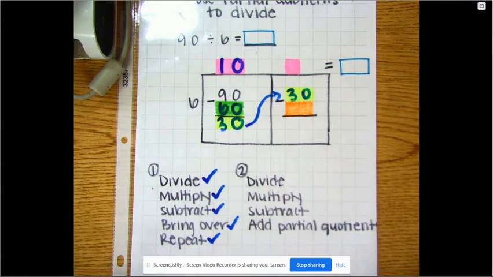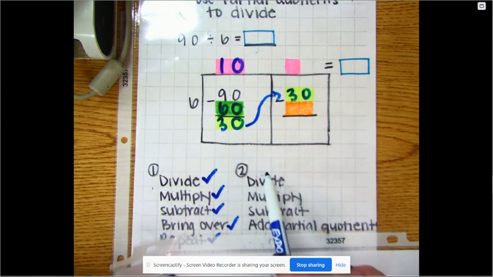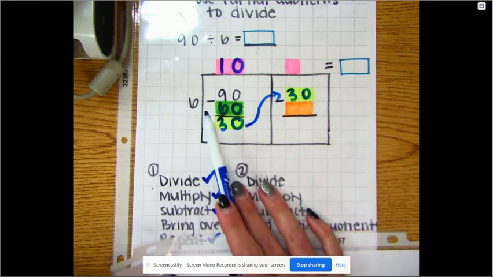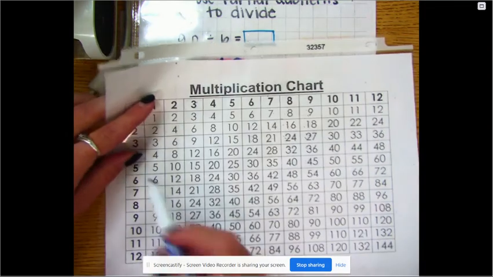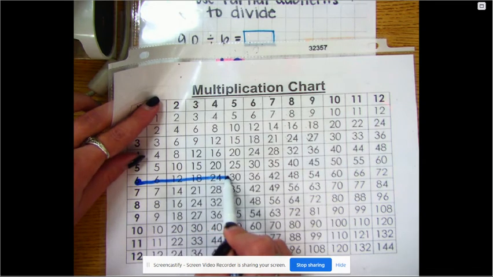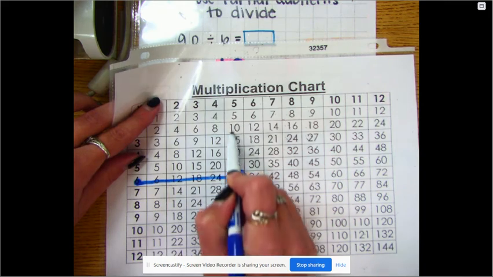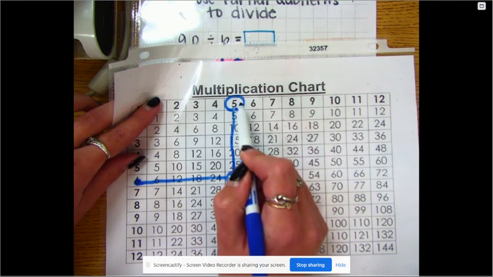Divide. So let's get my handy-dandy multiplication chart out. And I know that I'm going to be using 6, because that's my divisor, to get close to 30. How close can 6 get to 30? Ooh, it can get exactly to 30. How did I do that? 5.